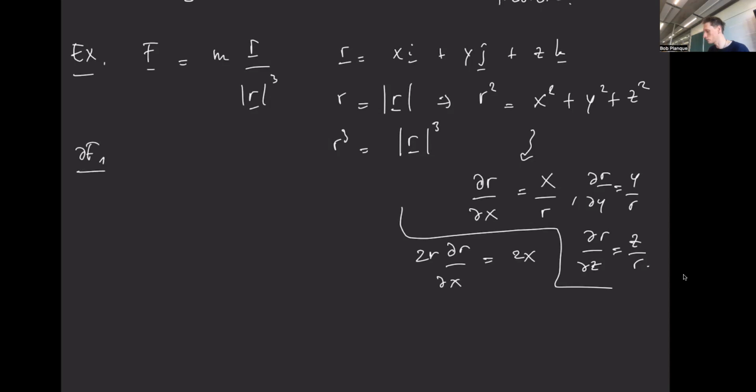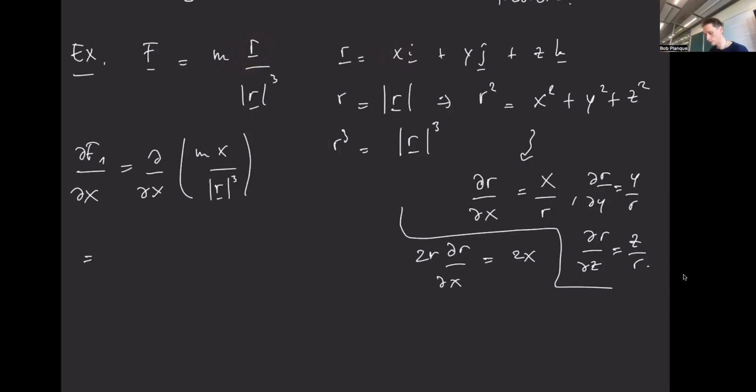So just to give you the first of these, df1/dx. F is written in vector notation here, so I have to take the first component, that's x. So this is d/dx of mx over r cubed.